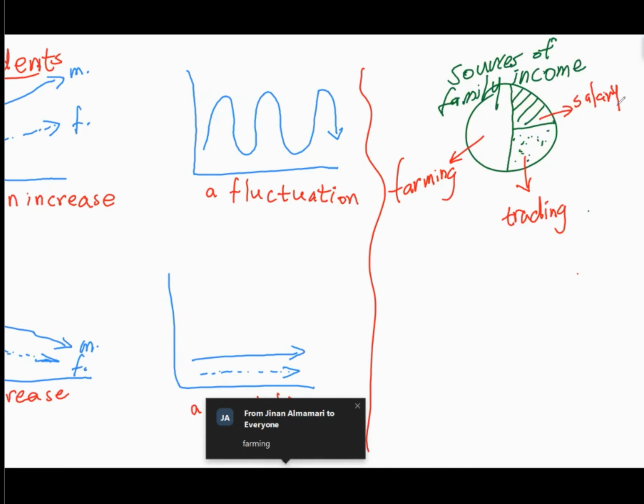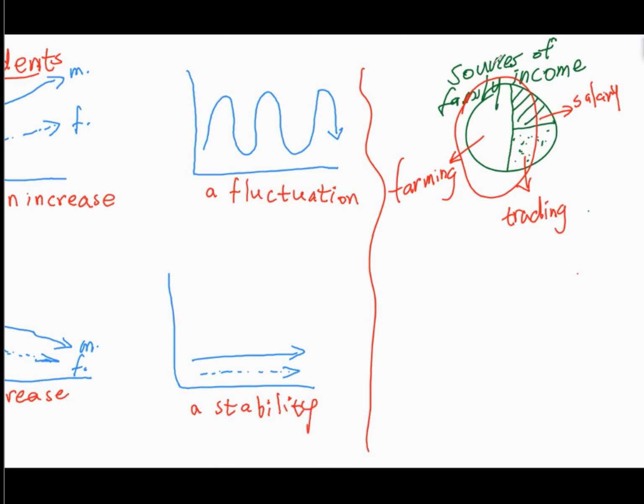Very good. Farming, because it takes the biggest part here. So farming, it is clearly seen, in general, it is clearly seen that farming is the biggest source of income in the family, or the family depends more on farming to get an income.